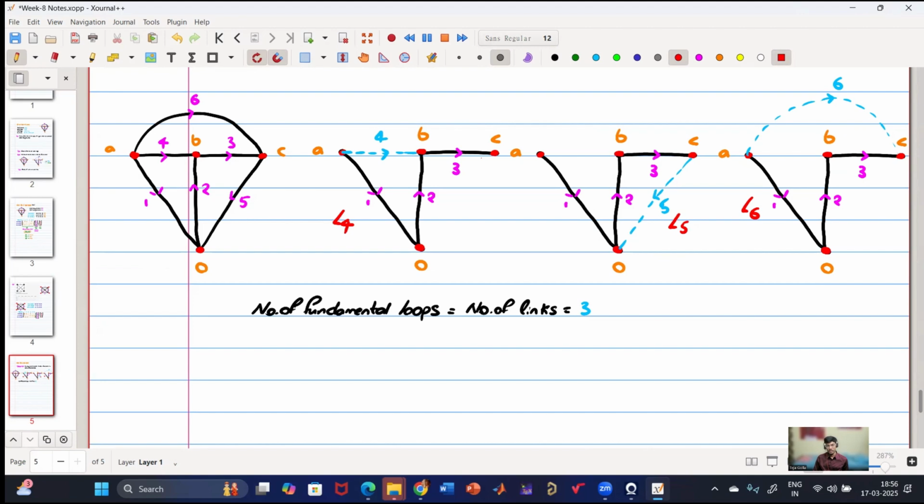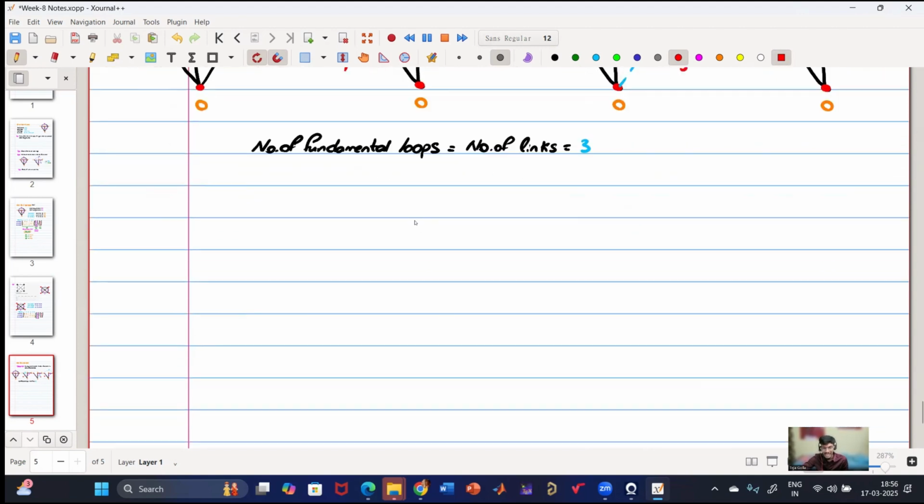So now here the convention is a little bit different. What is the convention? The convention is to traverse through the loop, because we have to apply KVL. I can go clockwise, I can go anti-clockwise. But how should I go?